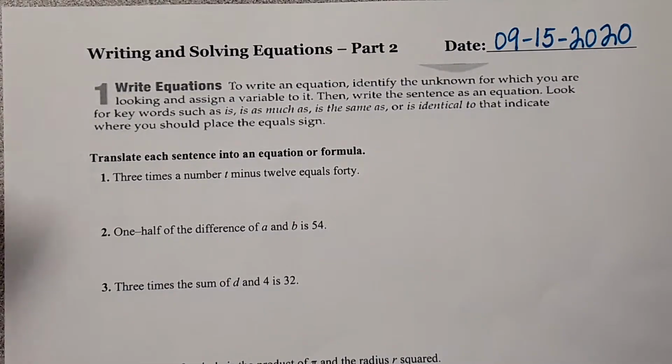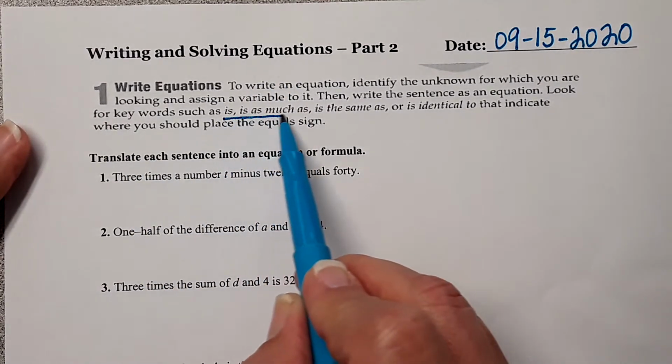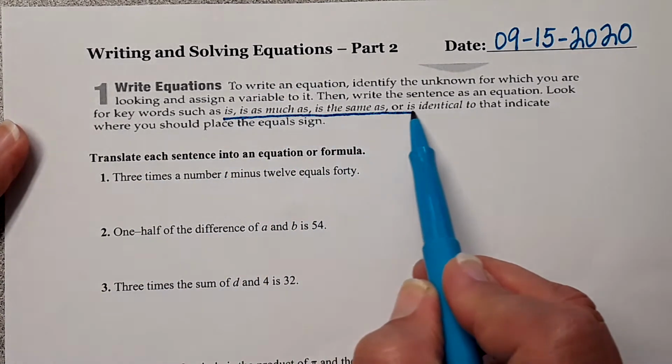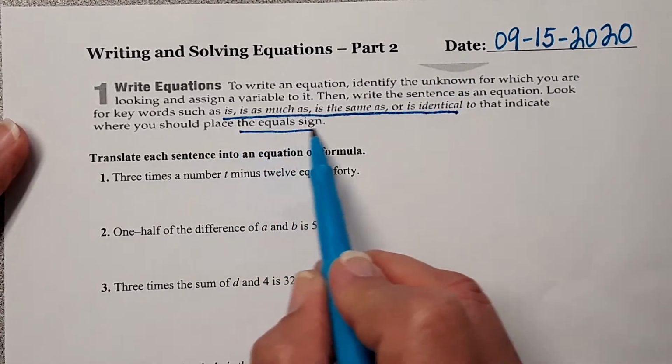basically what we're going to do is translate each sentence into an equation or formula. We've done this. We practiced this. But there are a couple things that I want you to know. The other day, I said "is" means equals, but there are some key words: is as much as, is the same as, or is identical to indicate the equal sign.